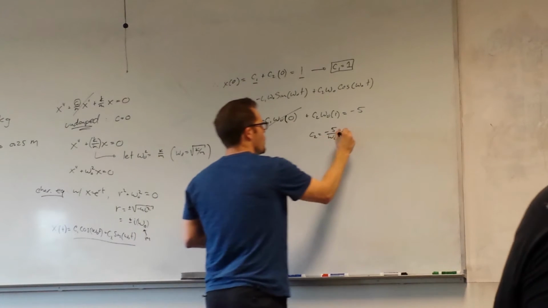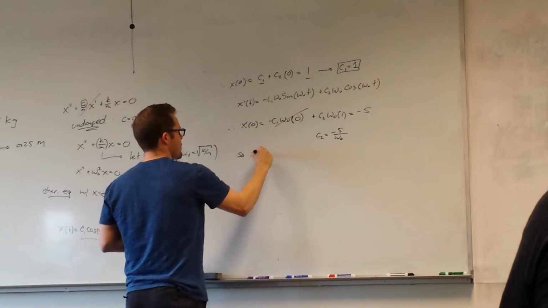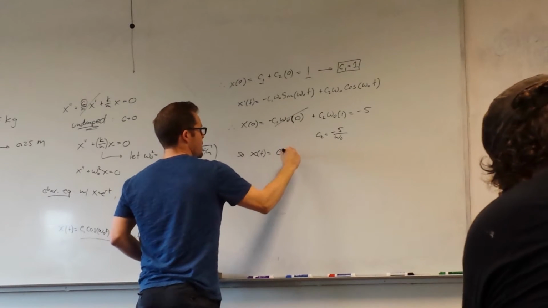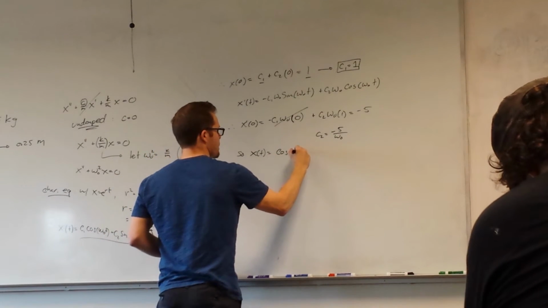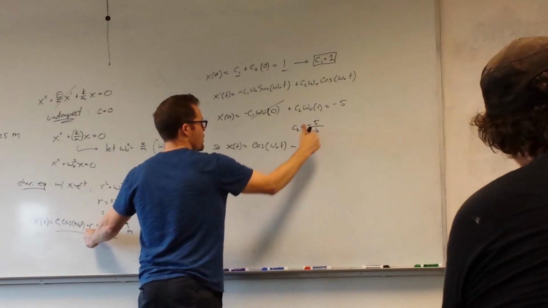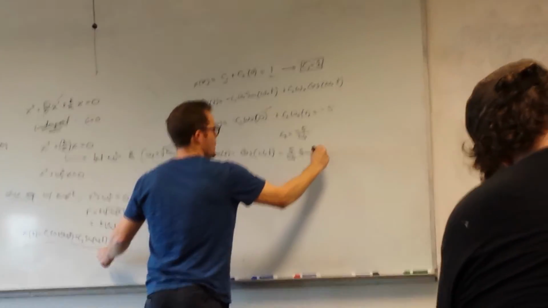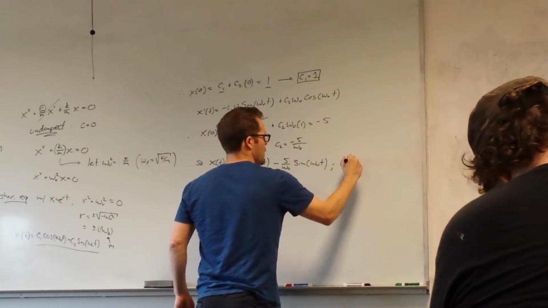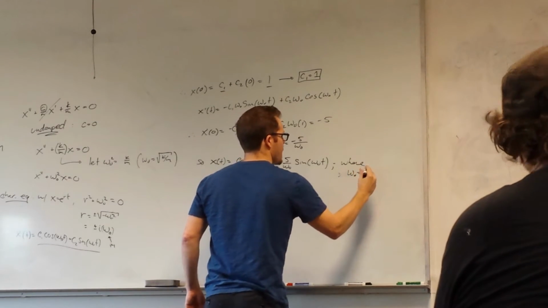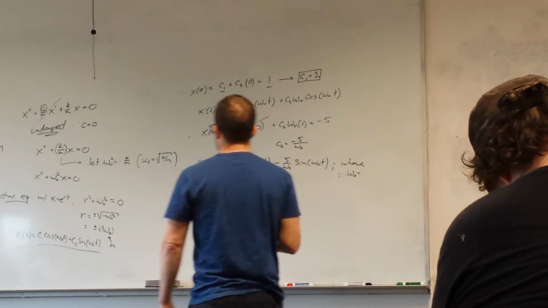So our x of t, C1 is 1, so we just get cosine omega naught t plus C2, which is negative 5 over omega naught, sine omega naught t, where omega naught is the square root of k over m.